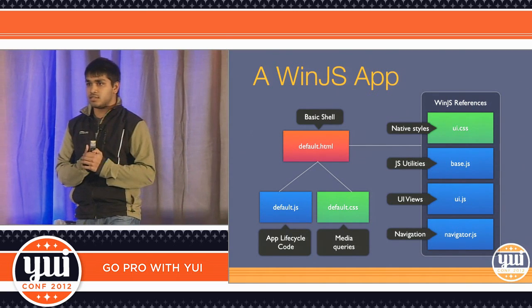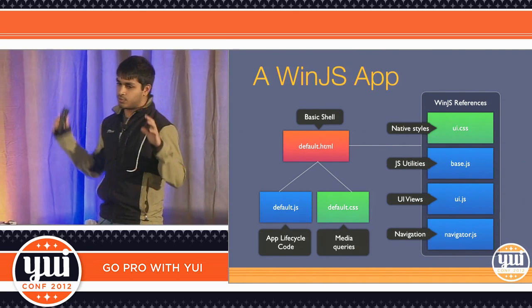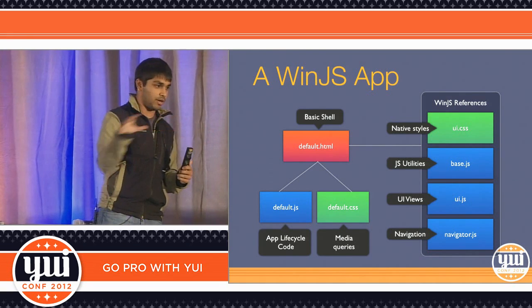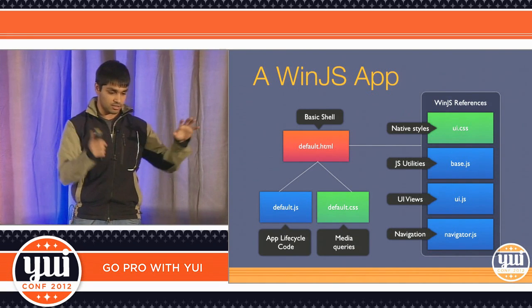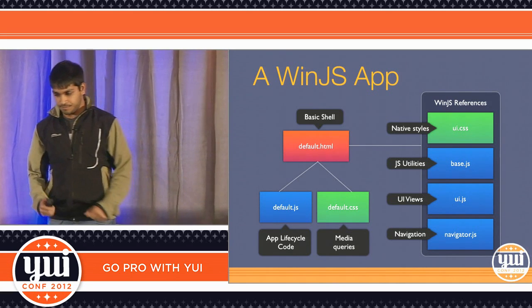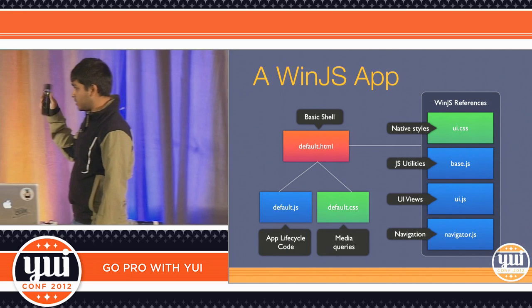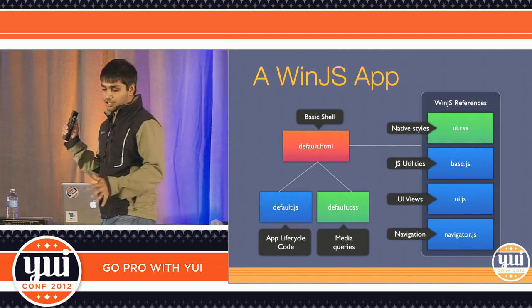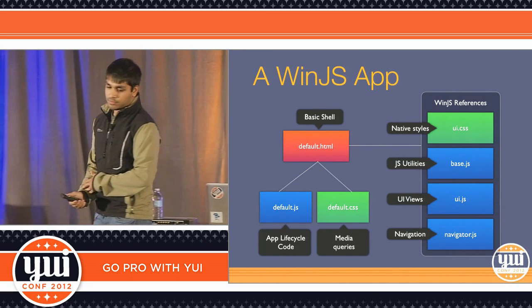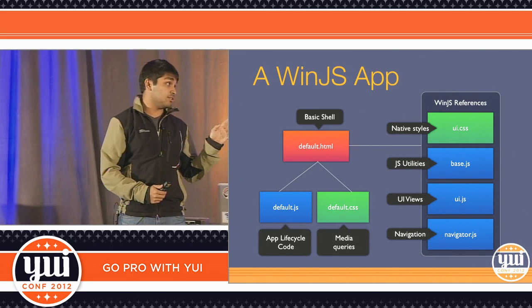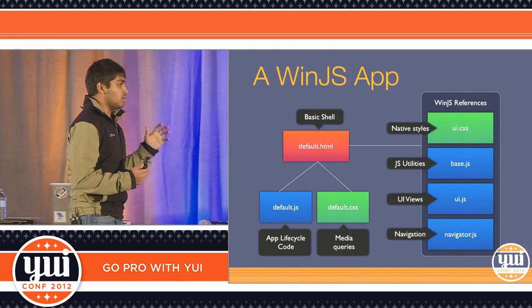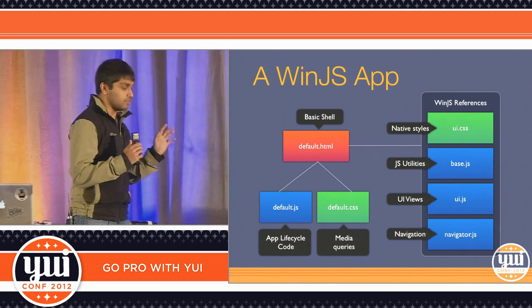In WinJS, you have the full screen view, but you also have media queries because you can snap apps to the left or the right of the screen. So you can kind of multitask. So default.css has some of those media queries built in. And then we get to the WinJS side. And in WinJS, again, everything is HTML, CSS, and JavaScript. So a new app would have UI.css, which contains all the styles to make your app look and feel native.